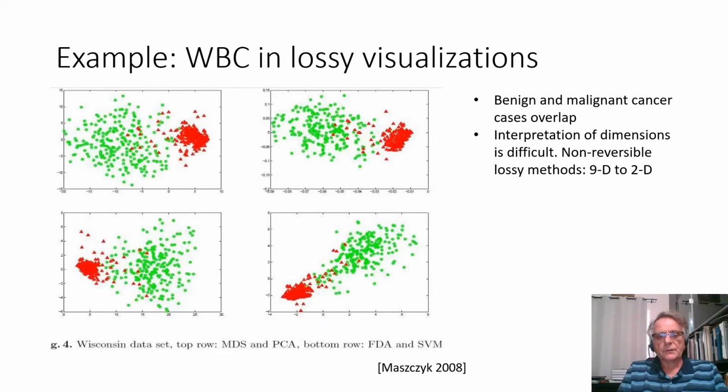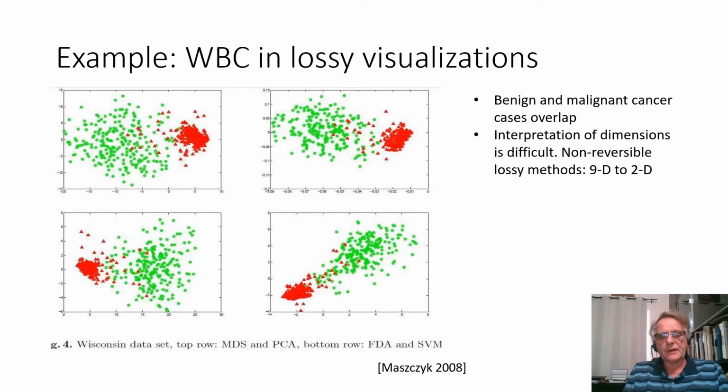This is an example of 4 different lossy visualizations of the same 9-dimensional breast cancer diagnostics data: MDS, principal component analysis, FDA, and support vector machine. Not only do they differ visually, with different points located differently relative to others, but the features are artificially created.